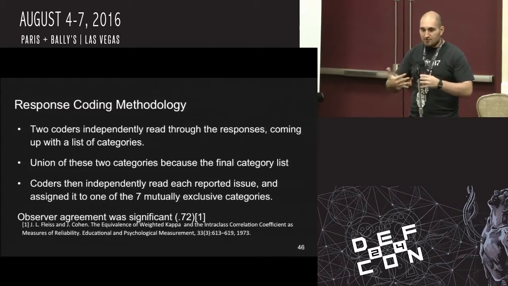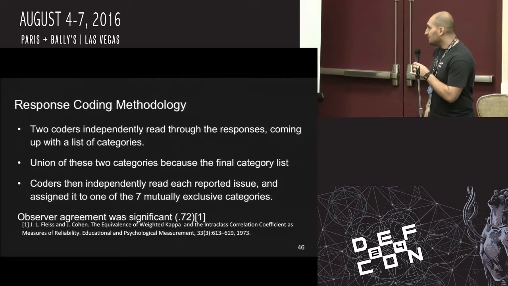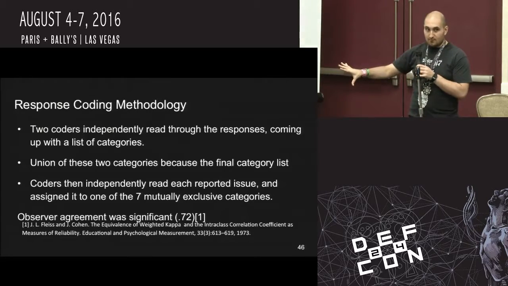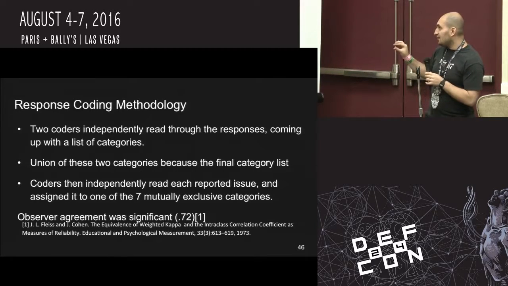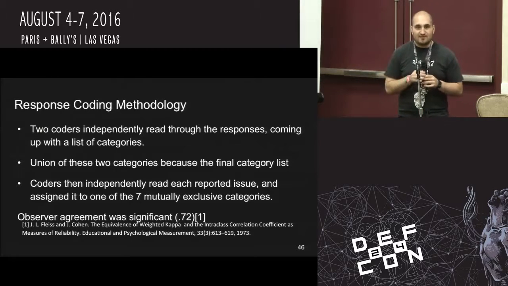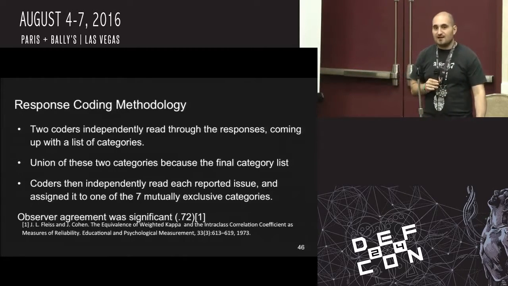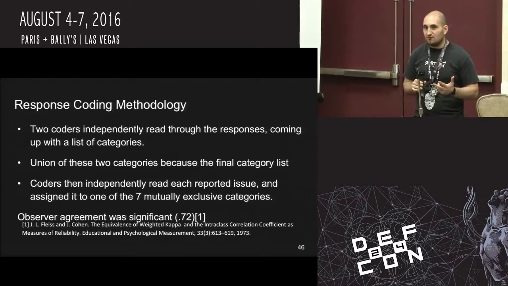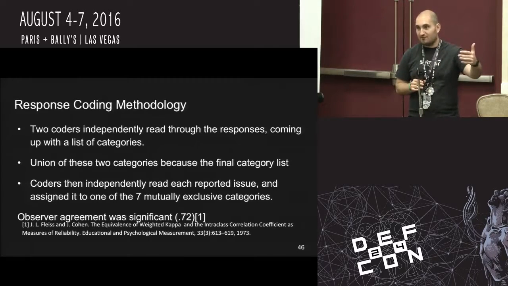You agree on the intersection of those, or the union of those becomes the final category list after you talk a bit and make sure you're not overlapping. And then both coders independently read through each issue and decide to assign it to a category. And then you can generate what's called Cohen's kappa, which is basically a fancy way of making sure that the amount of agreement between the two coders was more than you would expect from random chance.